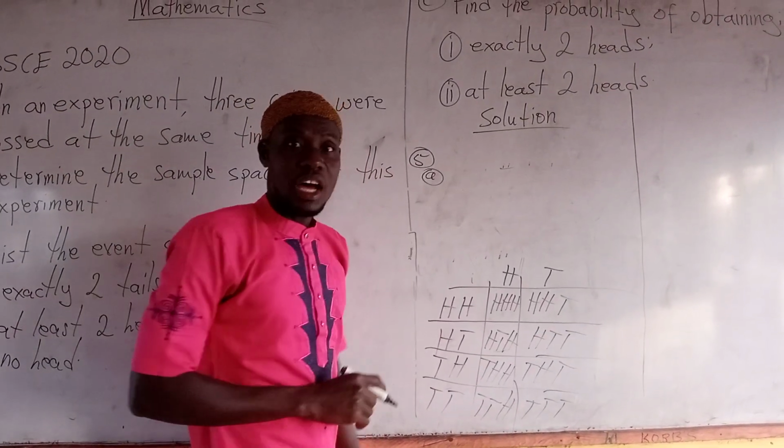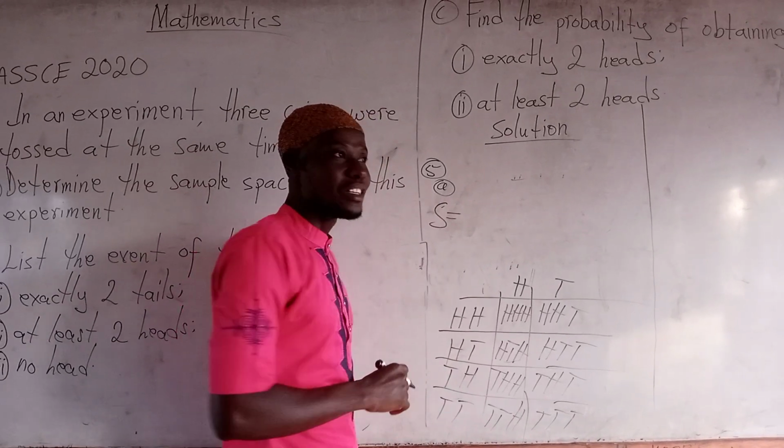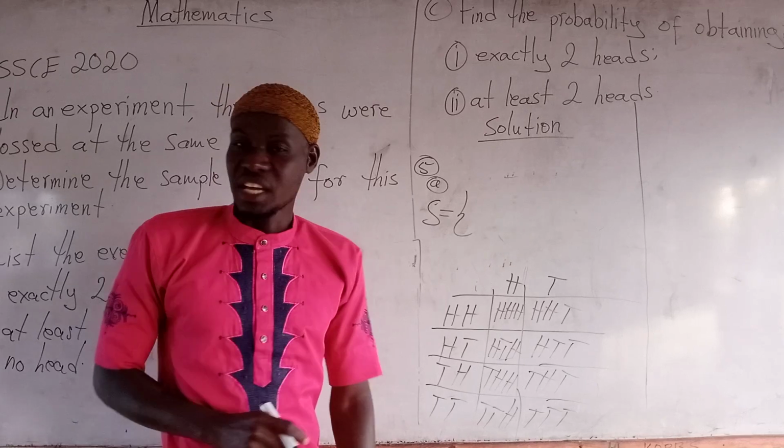And so the answer to our A, let's use capital S to represent the sample space for throwing the 3 coins at the same time.